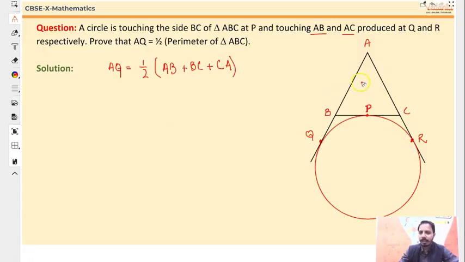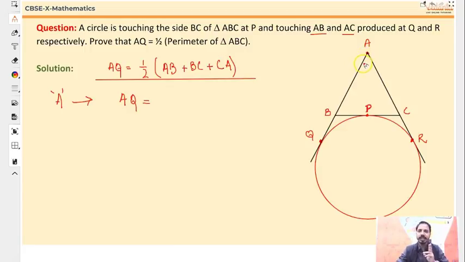So you see, let us take an external point A. From this external point A, how many tangents do we have? We have two tangents, that is AQ and AR. And we have just learned that from an external point, we can draw only two tangents and both of them will be equal. So we know that AQ is equal to AR.